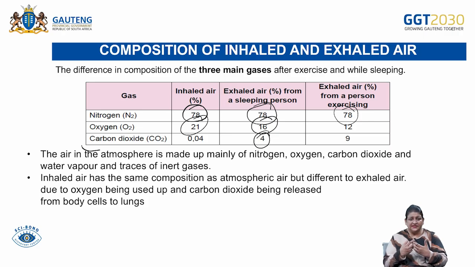When you exercise, you're going to breathe out more carbon dioxide. When you are sleeping, you breathe out less carbon dioxide because your cells are less active and produce less CO2. But when you're exercising, there's more respiration, more activity, and your cells will produce more carbon dioxide in the exhaled air.